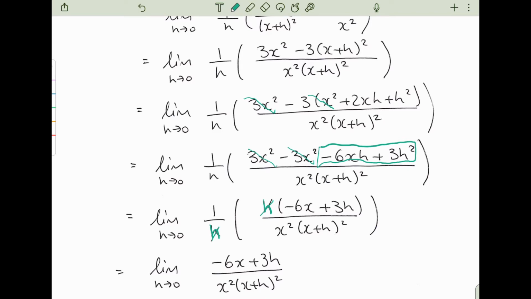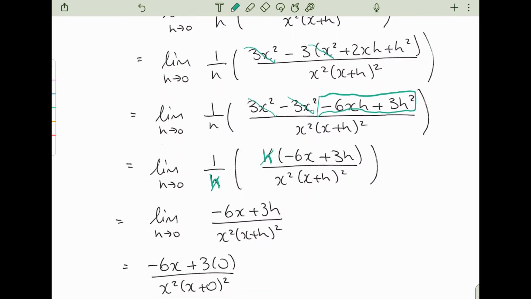Since we have cancelled out the zero factors, we can now just plug in without worrying too much. So plug in h equals 0, remember, not x, it's plugging into h.